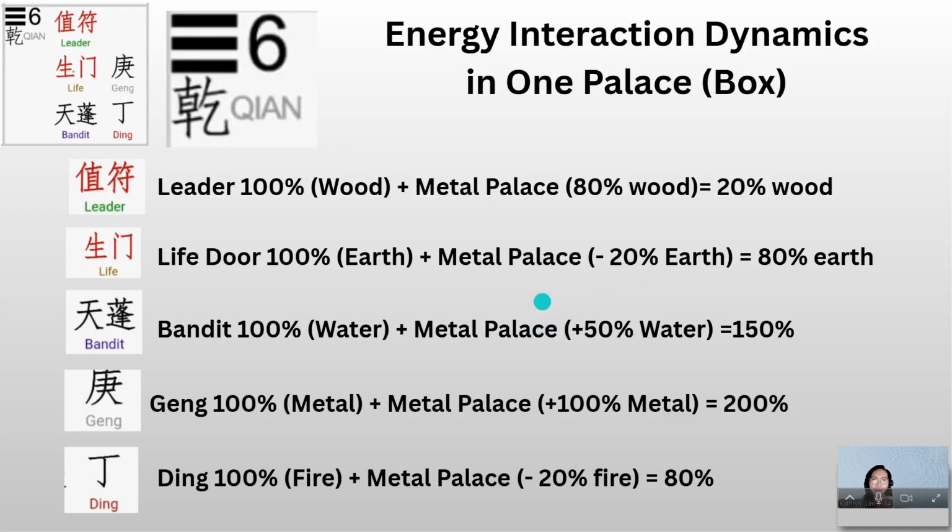The next one is the Life Door. The Life Door is sitting inside a metal palace and is producing to it. Being earth, it produces to metal, so it depletes 20% and is left with 80% of earth. Still strong. It's not 100%, but 80% is still okay, right?